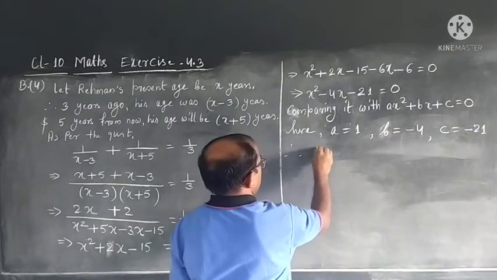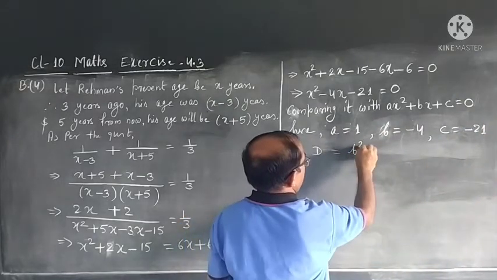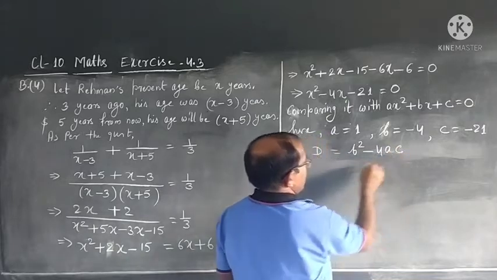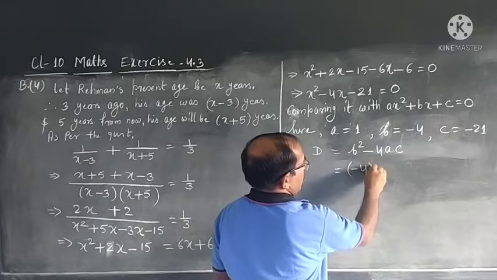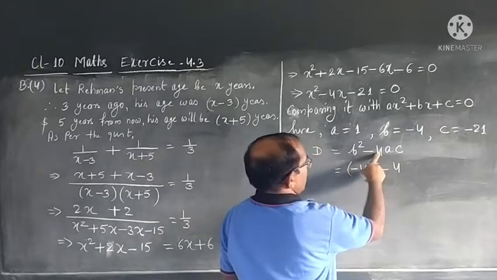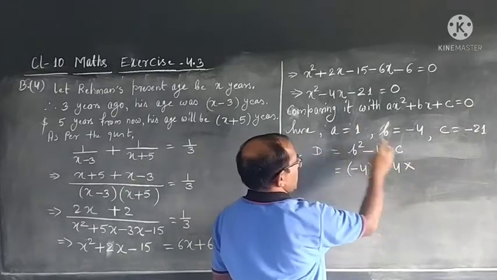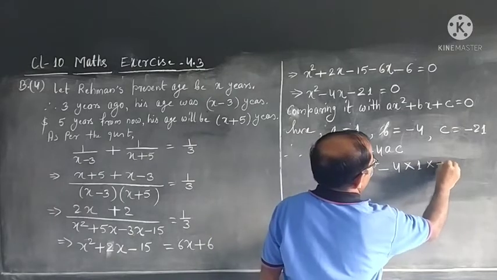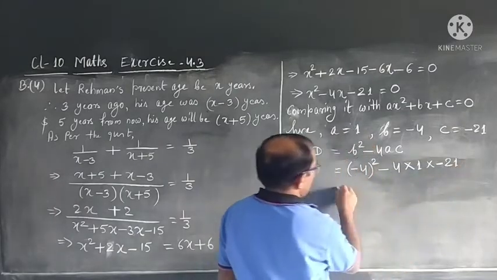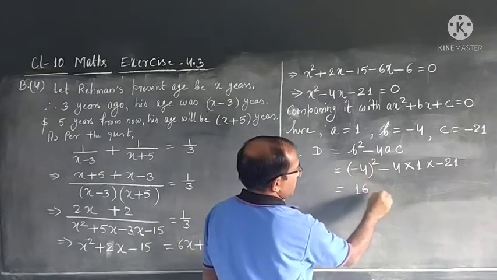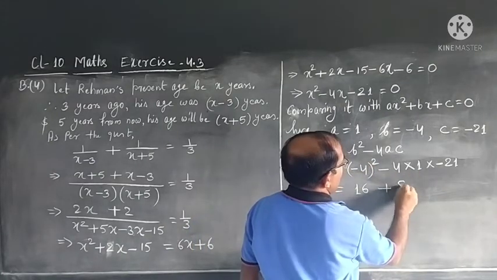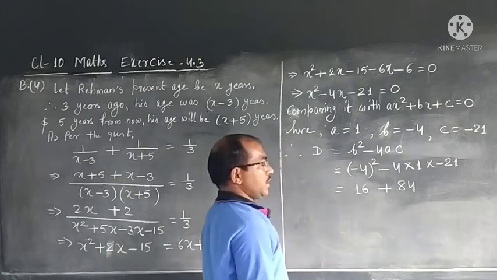Therefore, discriminant D is equal to b square minus 4ac. b square, we see minus 4 square, minus 4ac, a is 1 and c is minus 21. Minus will be positive, it will become plus: 4 square 16, plus 21 into 1 into 4, 84.